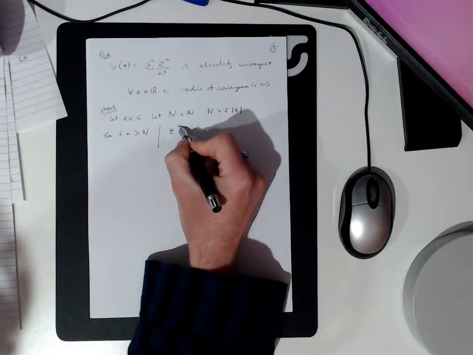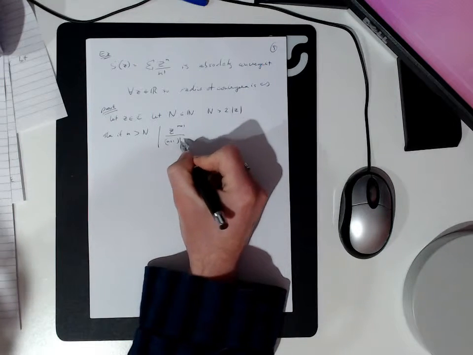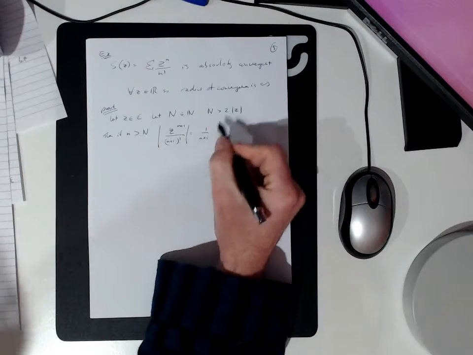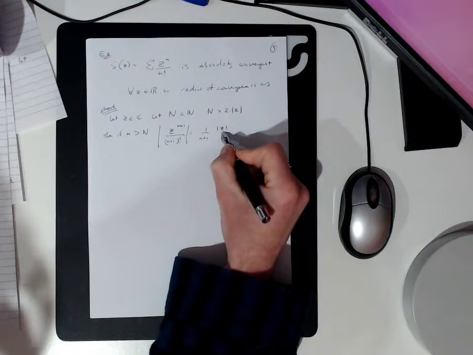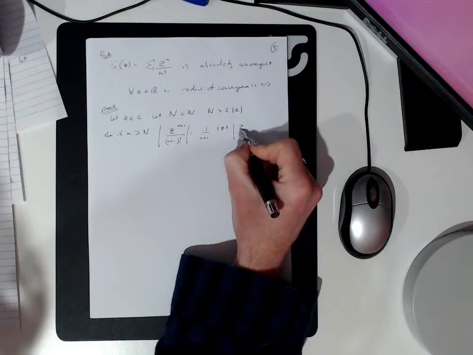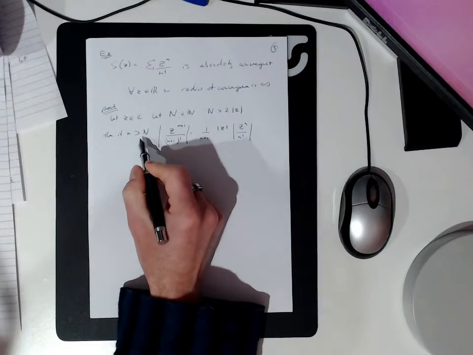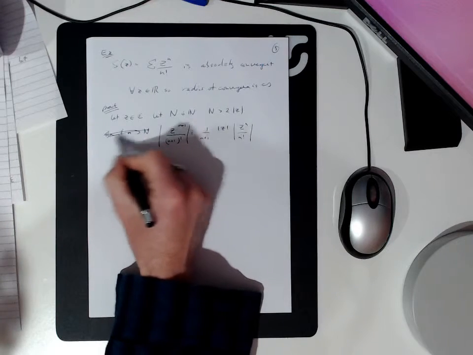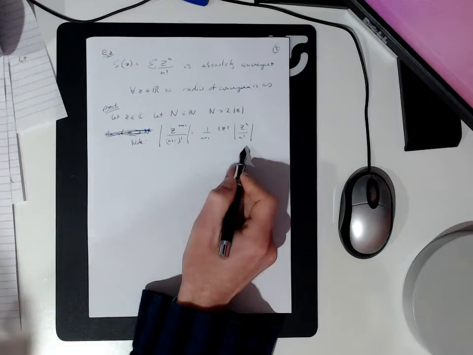The modulus of z^(n+1) over (n+1) factorial is equal to the modulus of z over n+1 times the modulus of z^n over n factorial. I've just taken out one of the components of the factorial, and I take out one of the components of the modulus, and I end up with the modulus. Note.